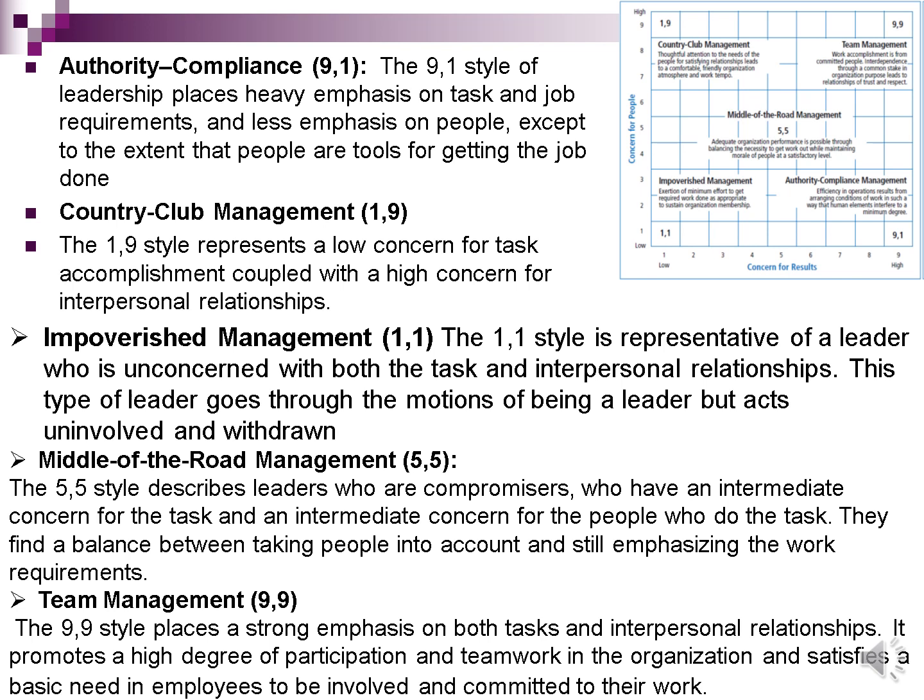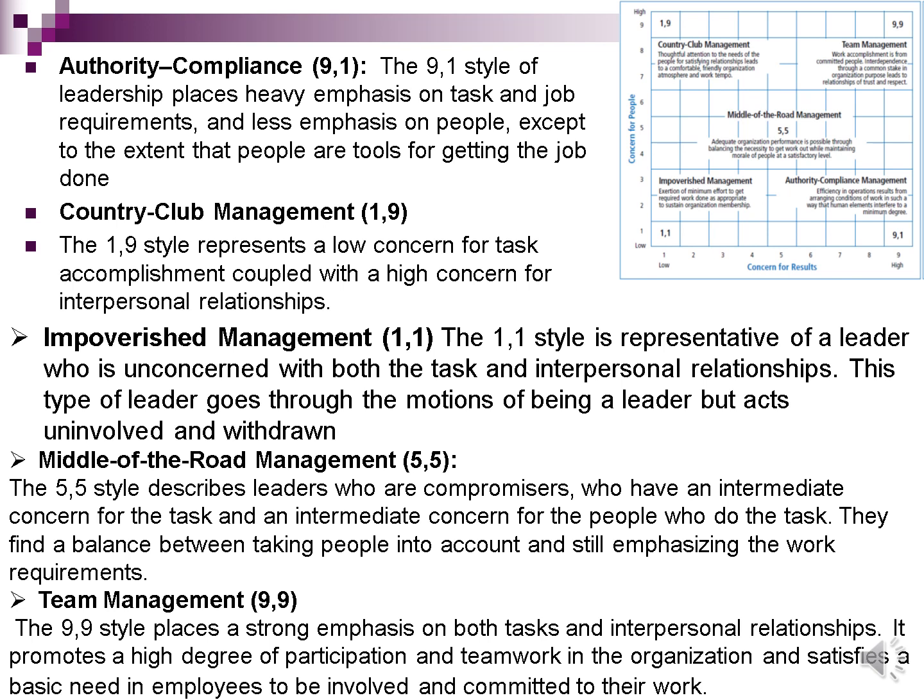The Blake and Newton approach was basically a graph of the relationship between two important leadership attributes: concern for people and concern for results.